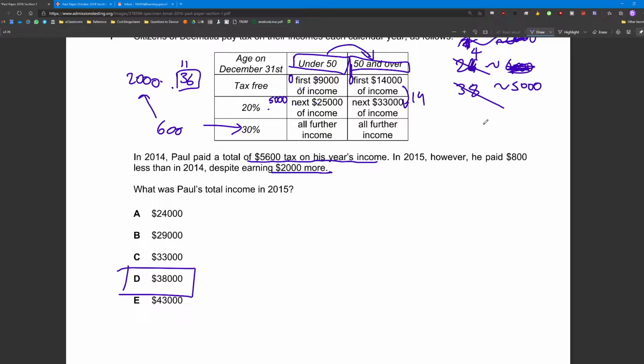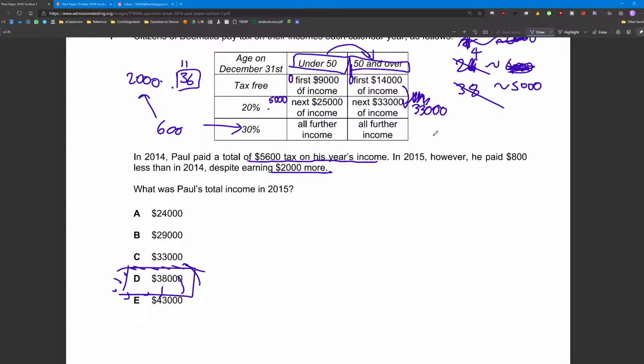That is really strange. That is pretty curious. Oh, I realize why. I realize what's happened. I've made a calculation error. The first 9,000 is free. The next 25, it's the next 33,000 is at 20%.